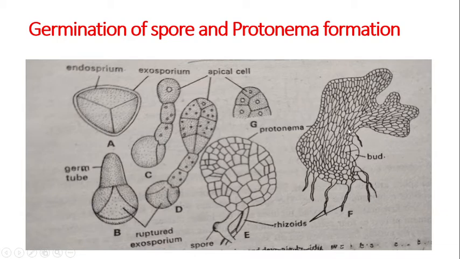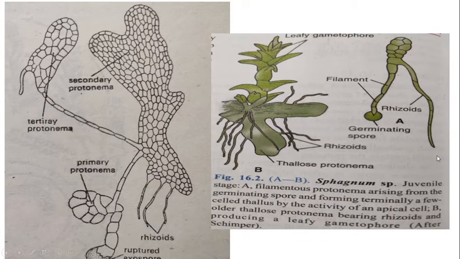So protonema is a juvenile structure which forms just after the germination of the spore, and later, by multiplication and division in this bud, the adult gametophore is formed.